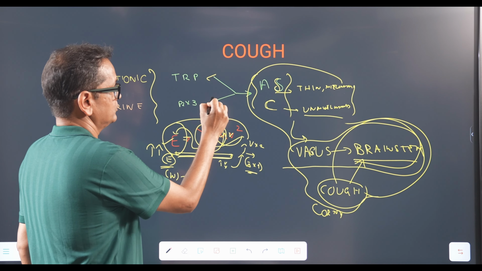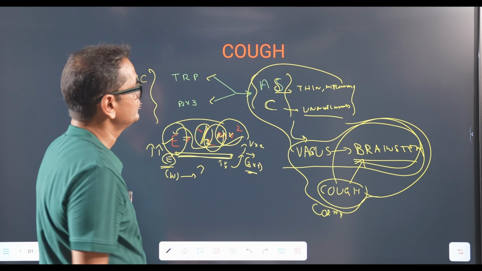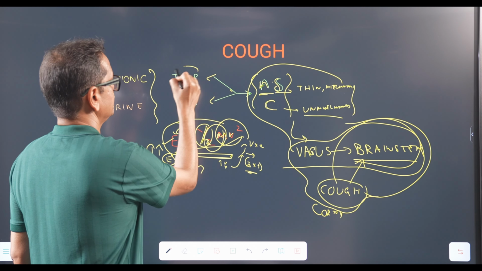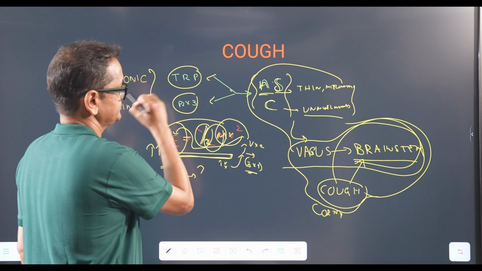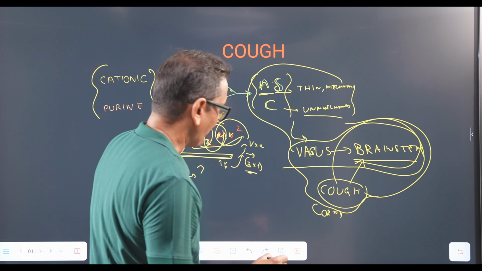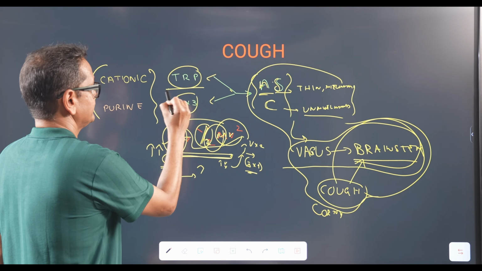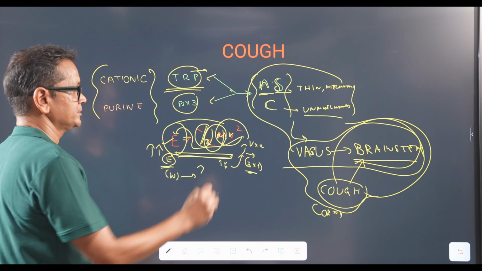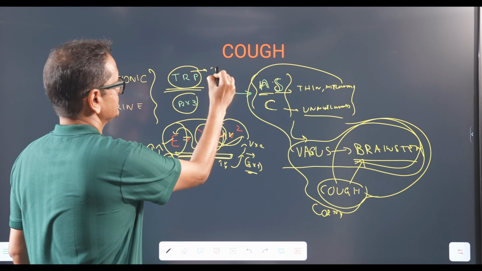So let's move towards our left side. At the end of these fibers, we have a few receptors. What are they? One is transient receptor potential channels, TRPs.